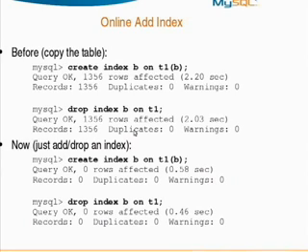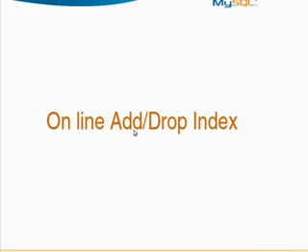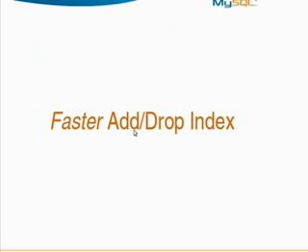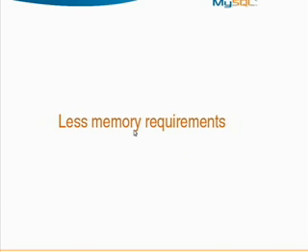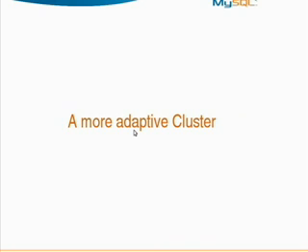But in 5.1, we don't actually affect any rows, we just create the index. So you can have online add drop index, which does it faster in 5.1. Naturally, online has a whole lot less memory requirements, as well as allowing a more adaptive cluster, because you can add and drop indexes as you need them.